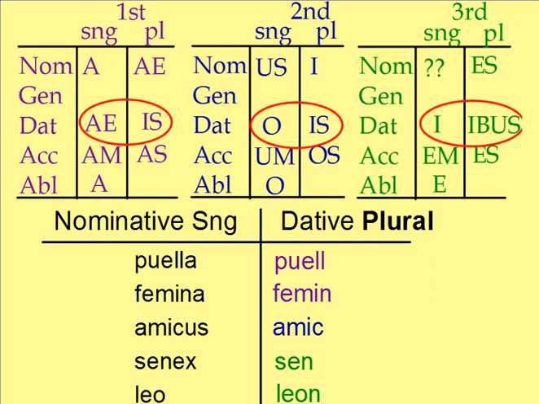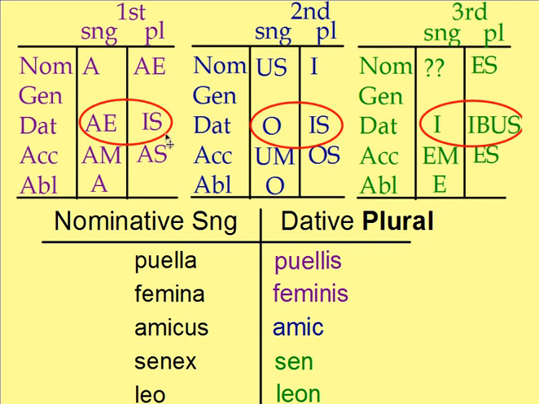Let's look at some plurals. Puella, first declension, my plural ending is IS. So puella becomes puellis. Femina becomes feminis. And if you notice, amicus is second declension, but the ending is the same as the dative plural first declension ending.